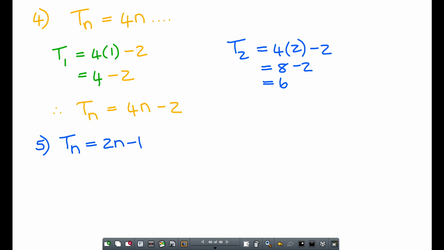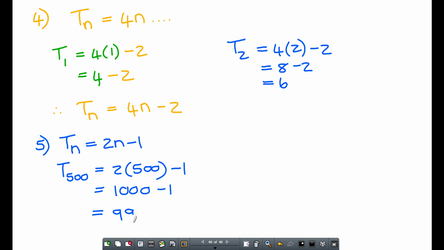So that's the one that we're working with. Term 500 would then be 2 times 500, which gives me 1,000 minus 1, so 999. Any questions there? Okay, I'm going to write it next to this.